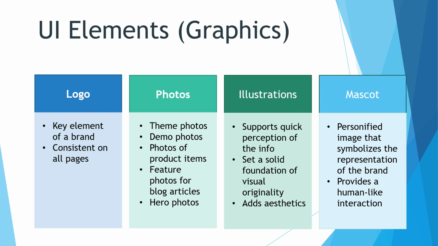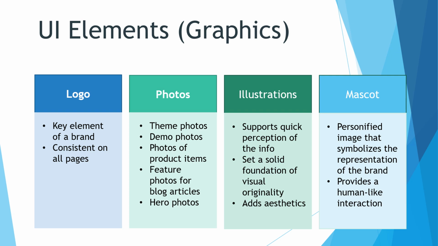The next element is a photo, and photos could be called the classics of web design imagery. They're used for a wide variety of goals, such as theme photos, demonstration photos, photos of different items, featured photos for maybe blog articles, even hero banner photos.